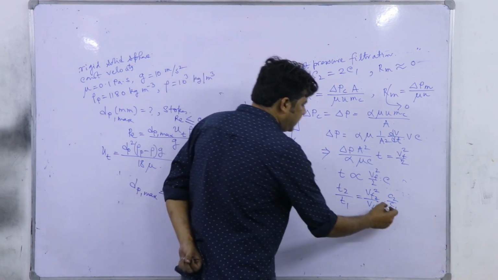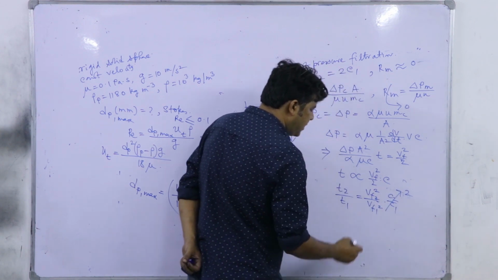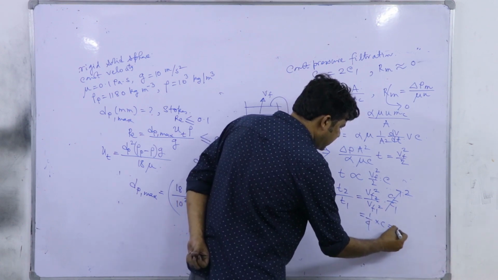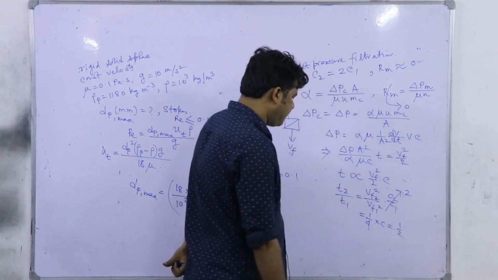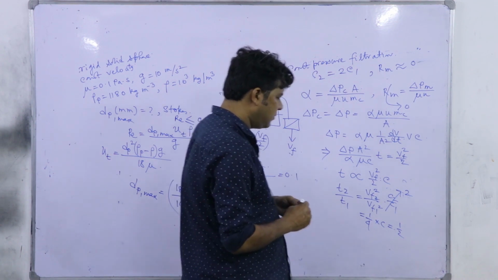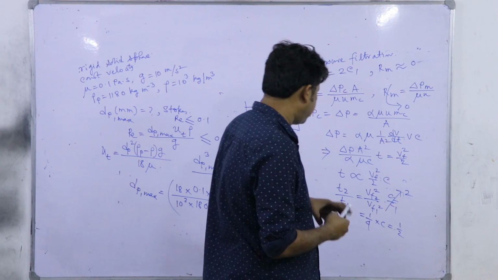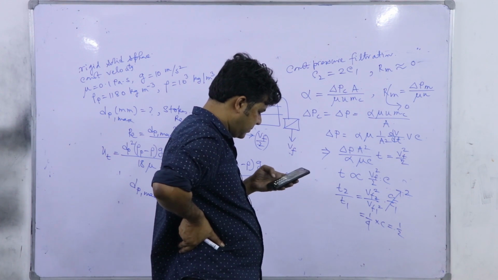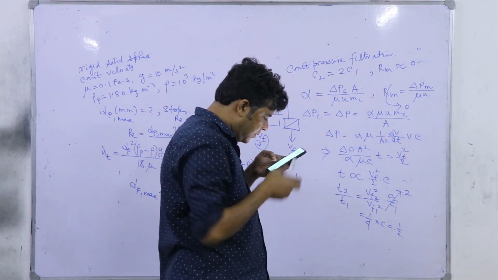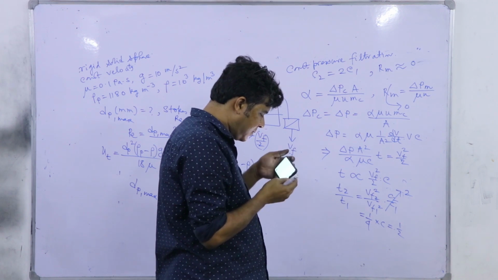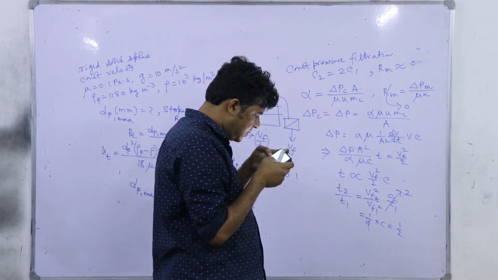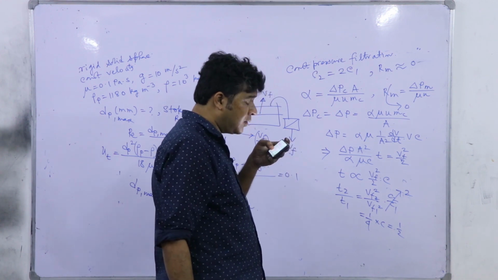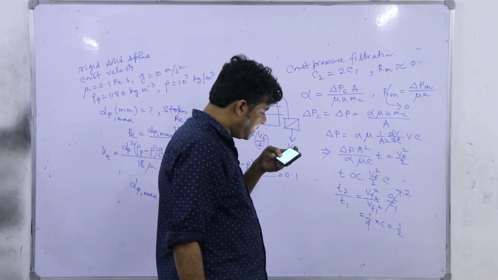C2 is twice of C1, and Vf2 is half of Vf1, so it is 1 by 4 into 2, so it is half. So T2 is T1 by 2. So the answer, where the filtration time will be reduced by a factor of 1, 2, 4 and 8, will be 2.